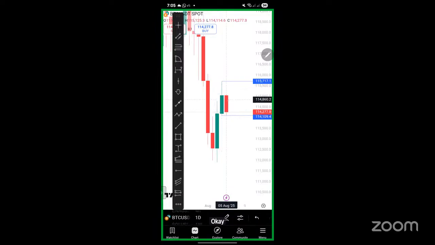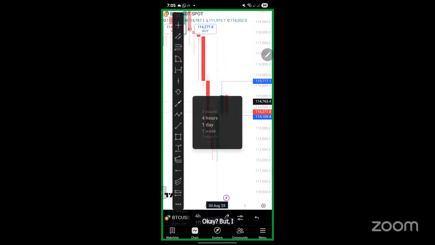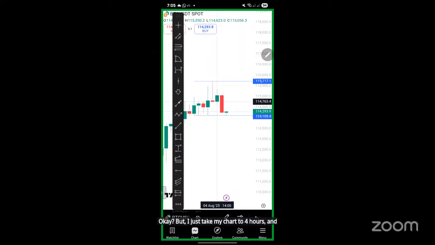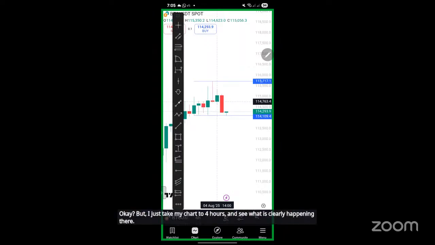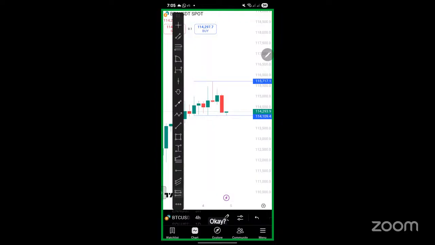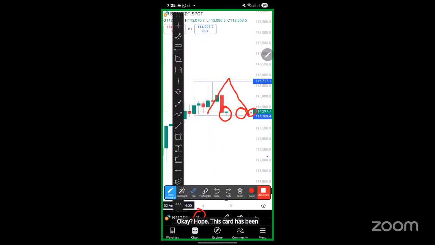But I just take my chart to 4 hours and see what is clearly happening. Recently this candle has been green, has been red, and now it is changing.